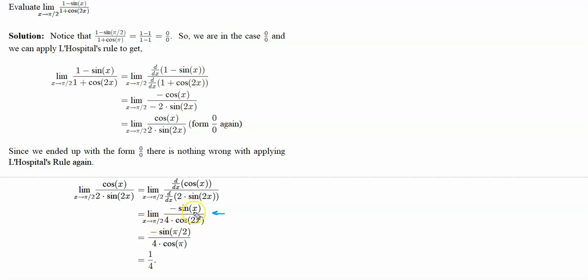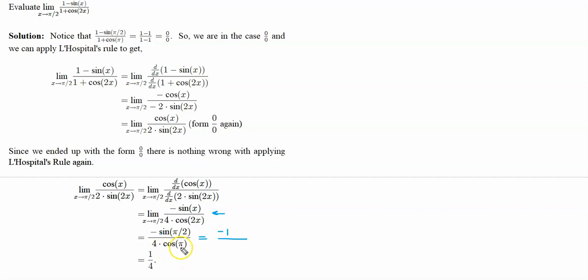If we put pi over 2 in for the x in the numerator, the sine of pi over 2 is 1, so we get negative 1 in the numerator. Sine of pi over 2 is 1. And if we put pi over 2 into the denominator for x, we get the cosine of pi.